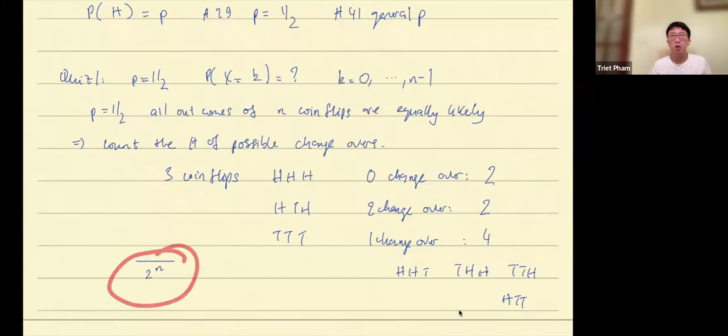With n coin flips in general, and then with k changeovers, how many ways can we do it? Here k equals 0, 1, and 2, and n is equal to 3.